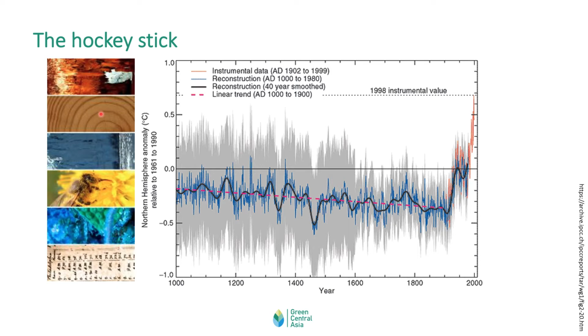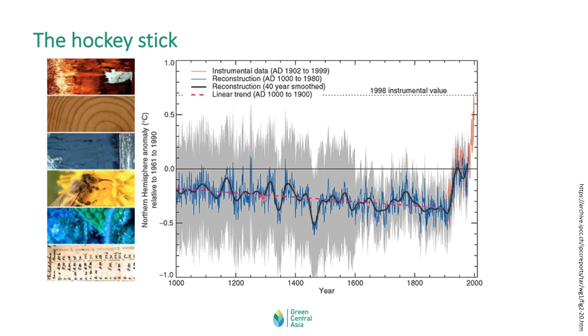Based on this information, we could reconstruct the climate in the past, or using sediments, ice cores, pollen data, or historical records, we can reconstruct the climate of the past. In this case, we call it paleoclimate study.